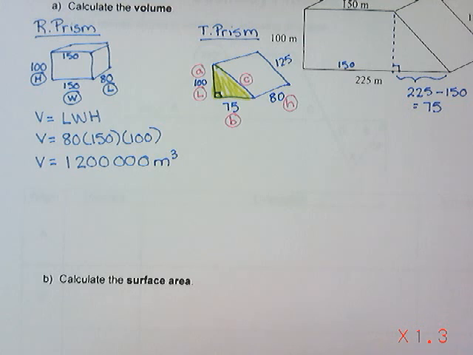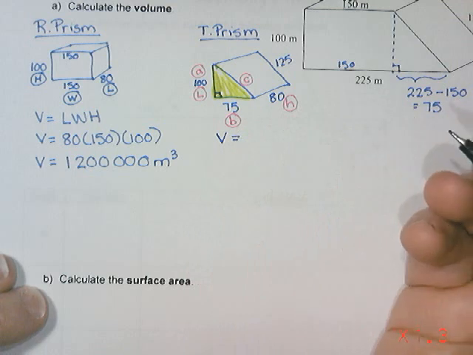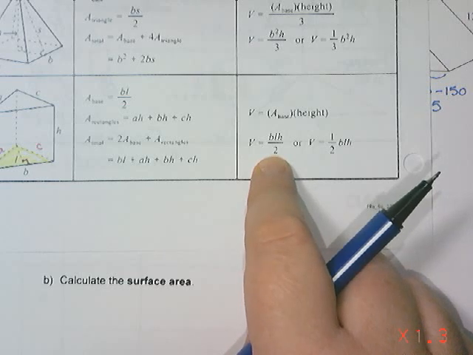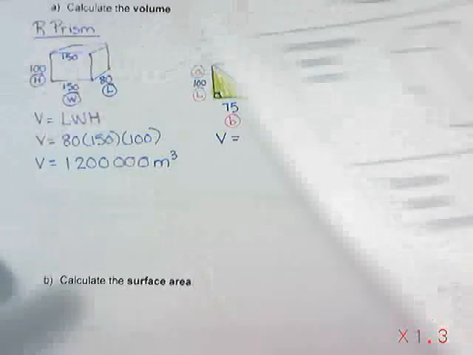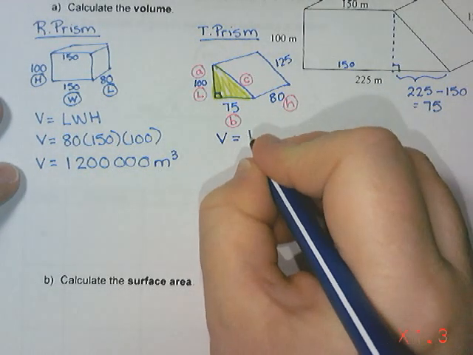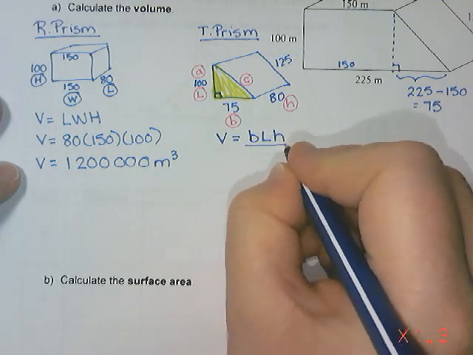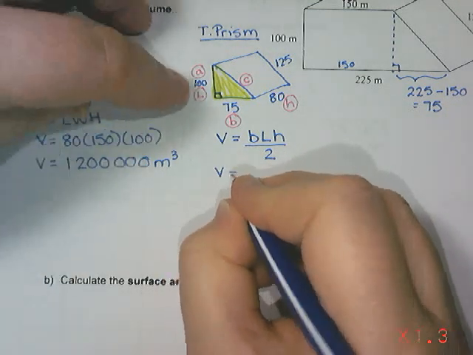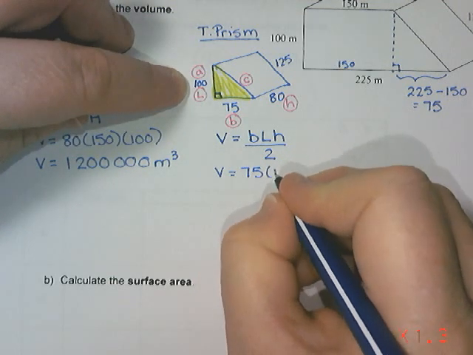All right, so all I need to do is write down my formula. So volume is, I have choices. I don't want the word equation. I like the base times length times height divided by 2. If you prefer the 1/2 base times length times height, go for it, but I'm going to use this one. So base times length, I'm going to use a capital L because otherwise they look like a 1, times height divided by 2. All right, so my base, we said, is 75. The length is 100.